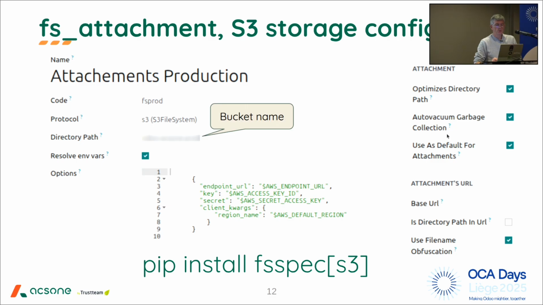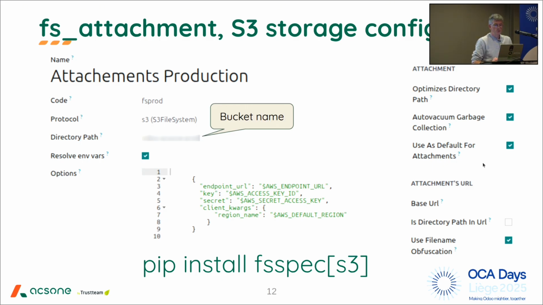The most important one is use as default for attachments, which means that when FS attachment is loaded, all attachments will be first written and then read in that storage backend.